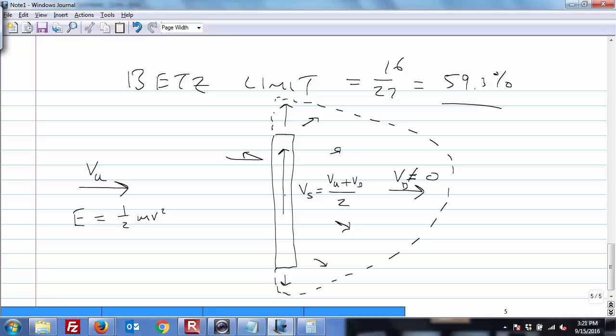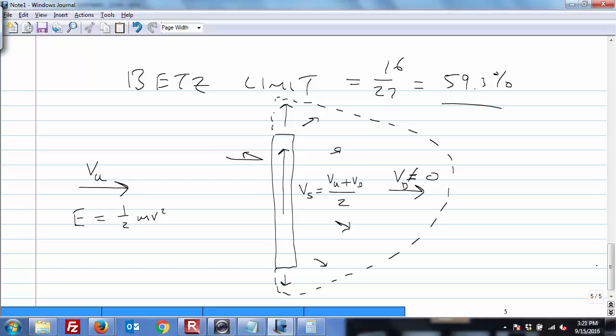The velocity inside the system makes sense. It's just the average. It's fast upstream, slow downstream, somewhere in the middle is the mathematical middle. So that's the theory behind Betz's limit. If you can beat it, let me know.